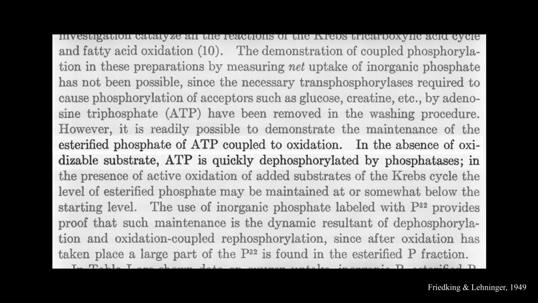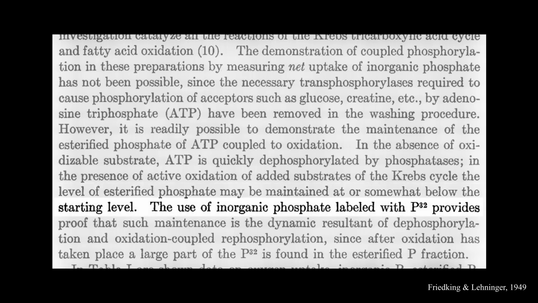In the absence of oxidizable substrate, ATP is quickly dephosphorylated by phosphatases, which are enzymes that dephosphorylate proteins. In the presence of active oxidation of added substrates of the Krebs cycle, the level of esterified phosphate may be maintained at or somewhat below the starting level.